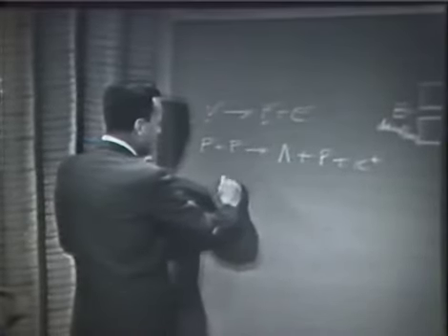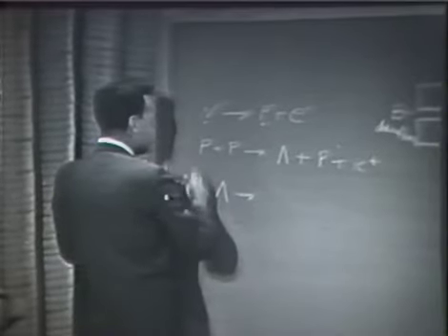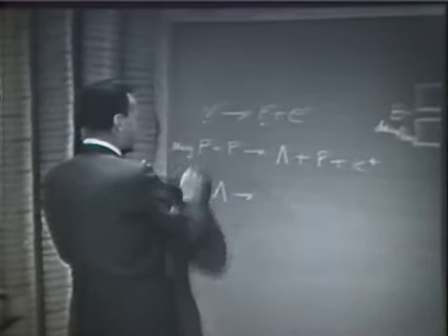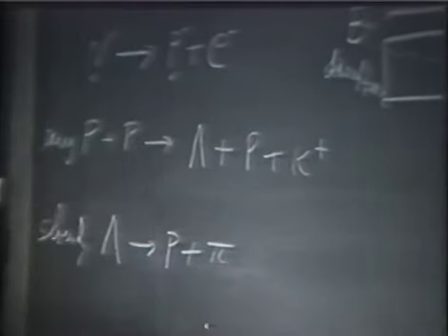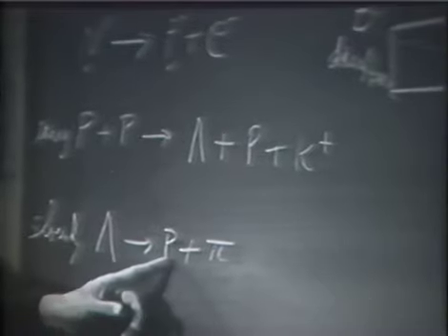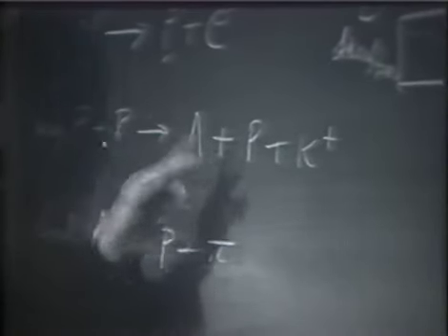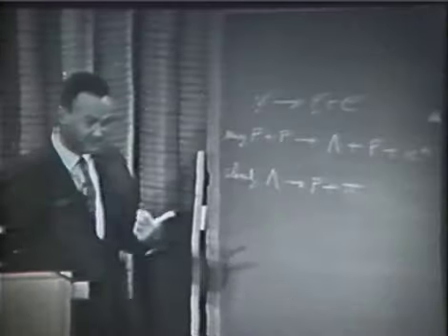But if you study the lambda later, you'll discover that it very slowly, this is easy for it, and this is hard for it to do, disintegrates into a proton and a pi, and ultimately the pi disintegrates into electrons and whatnot. But what you've got here is the baryon coming out again. So we think that the lambda has a baryon number, but the K does not, it has 0.